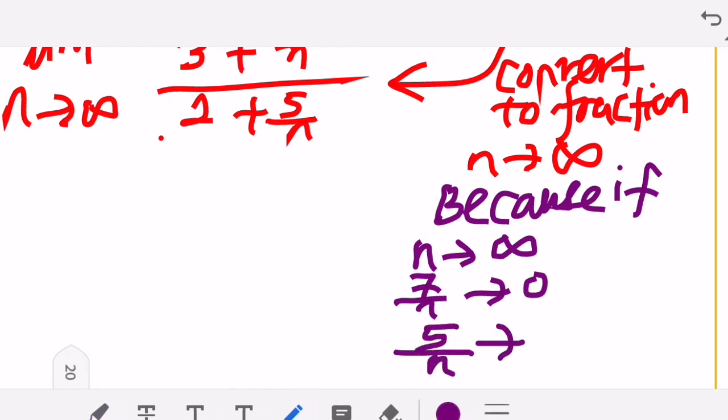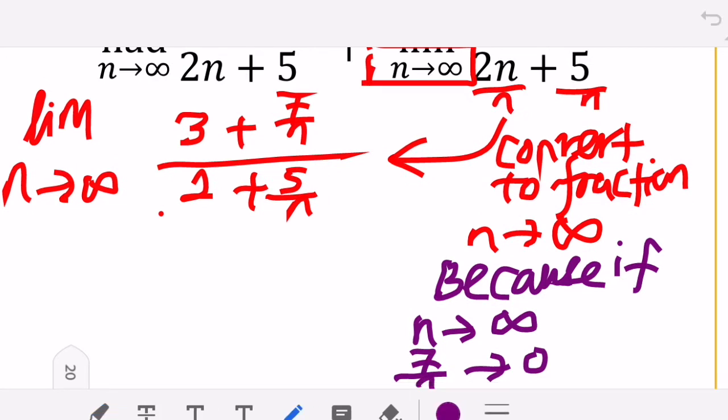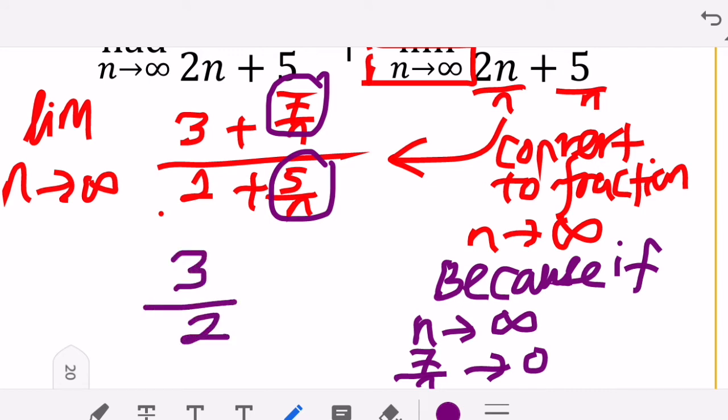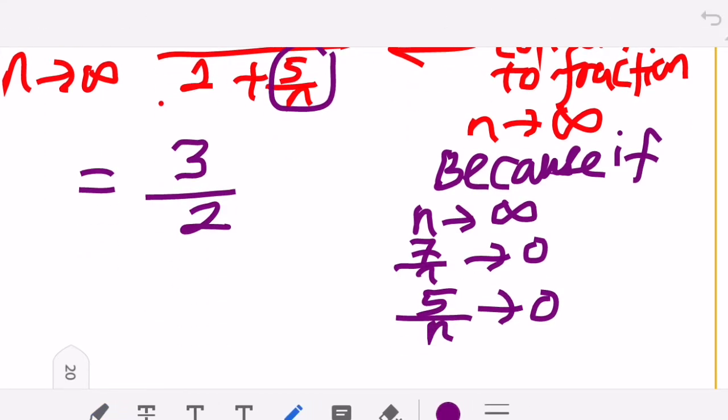That means 5 over n will be approaching 0, and 7 over n will be approaching 0. Hence, the answer for the limit is just 3 over 2. So you get a value finally. Understand? That is how you do limits involving n or x approaching infinity.